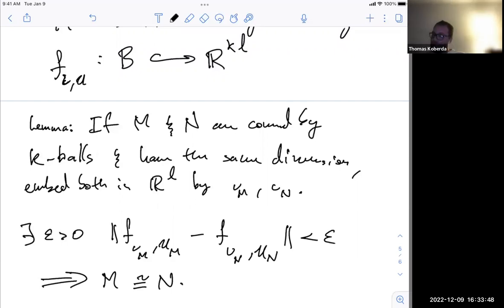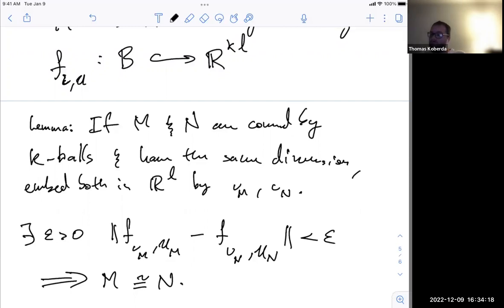So this is a lemma deep inside this argument of Cheeger and Kister, and it gives you a way of certifying that two manifolds are homeomorphic just by looking at certain functions defined on a ball with values in some Euclidean space.